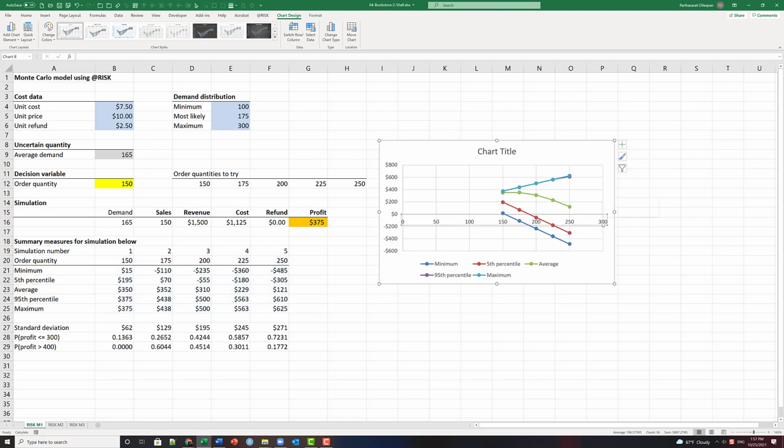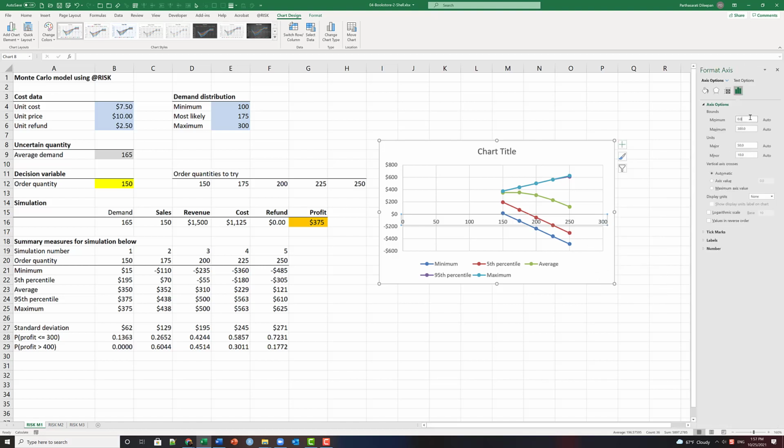So let's clean up some more, and we want this to go from 150 to 250. Okay, and you want them in increments of 25.